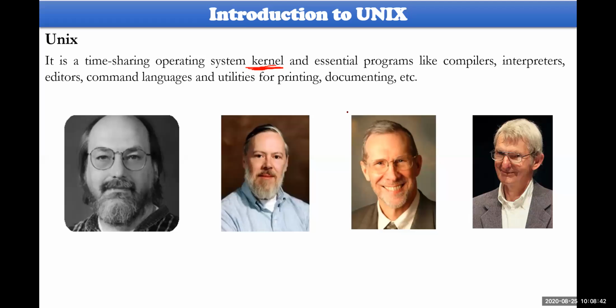We will go into detail about this kernel after 2 to 3 classes. In addition to the kernel, we also have several compilers such as the GCC C compiler, Python interpreter, Fortran compiler, and Pascal compiler. You have many compilers and many interpreters. These are used to run programming languages in our Unix operating system.